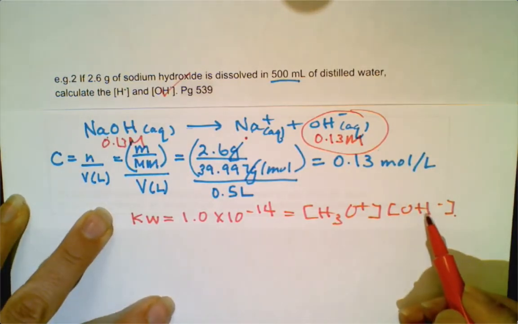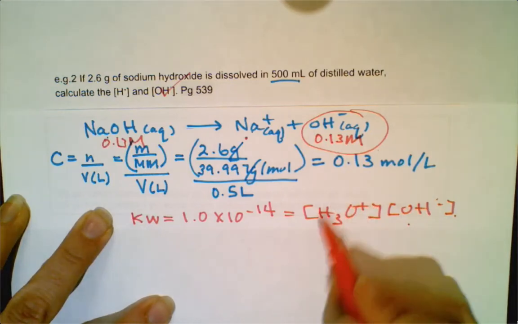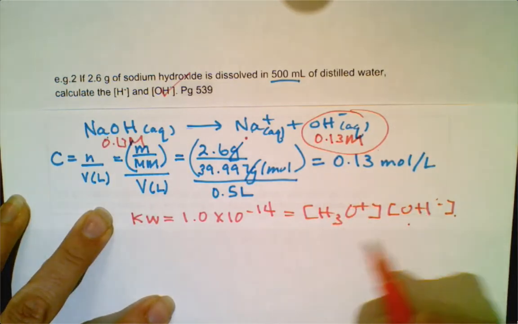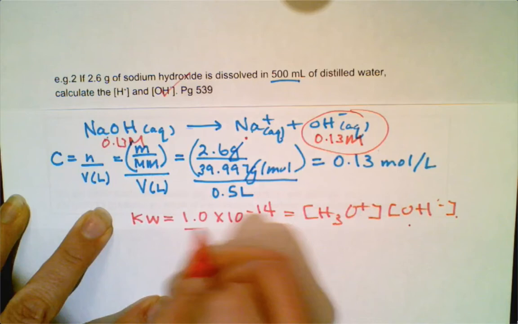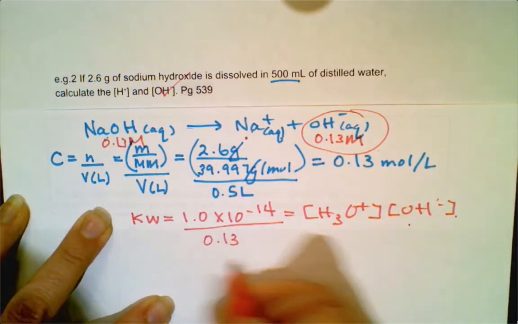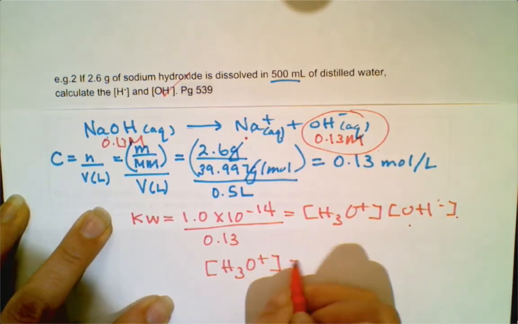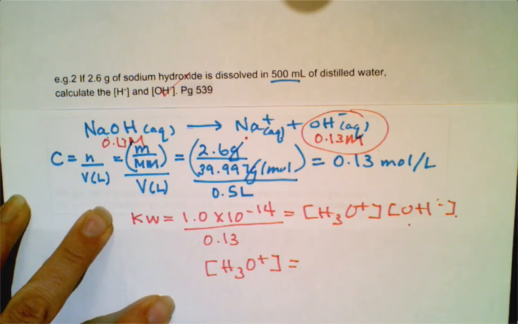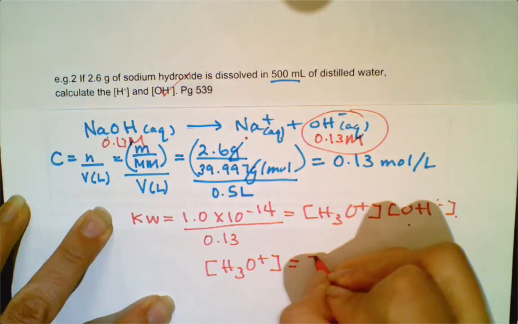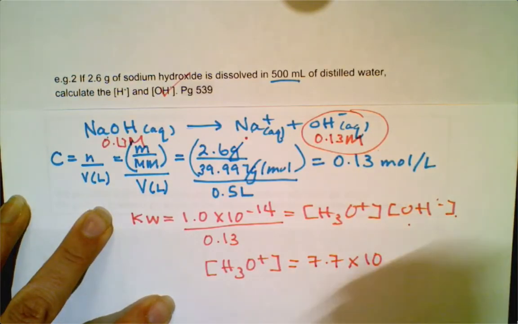If we know that this is 0.13 and I want to isolate hydronium ion, I bring this to the other side and divide by 0.13. In doing so, we end up with a hydronium ion concentration of 7.7 times 10 to the negative 14.